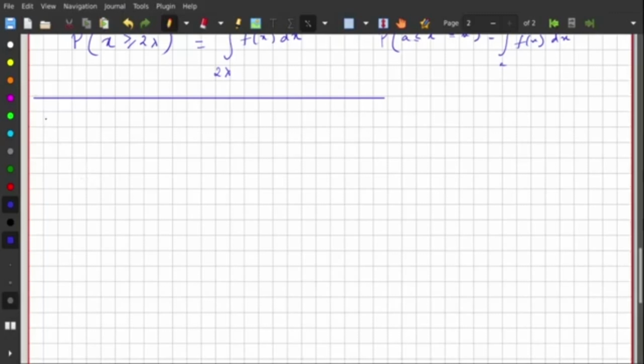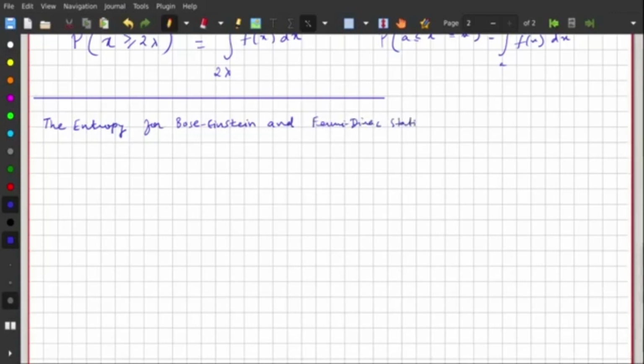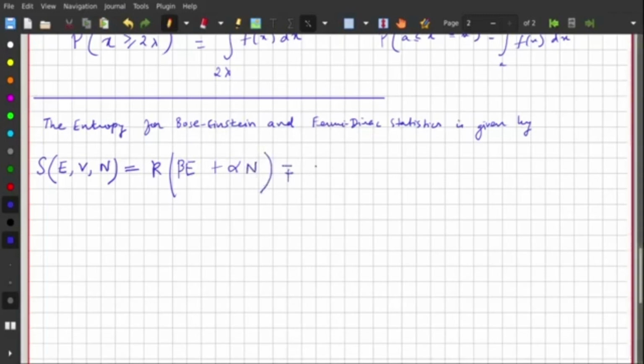The question is: the entropy for Bose-Einstein and Fermi-Dirac statistics is given by S, a function of the total energy, the volume, and the number of particles, equal to K, the Boltzmann constant, times beta E plus alpha n, minus plus K.